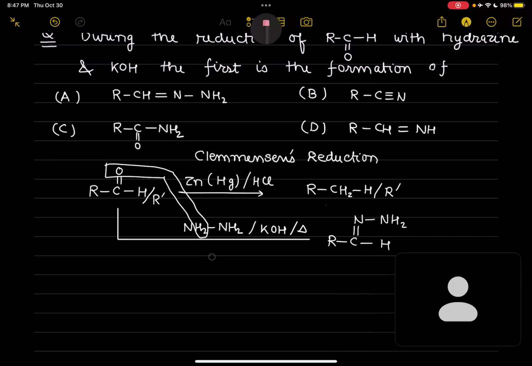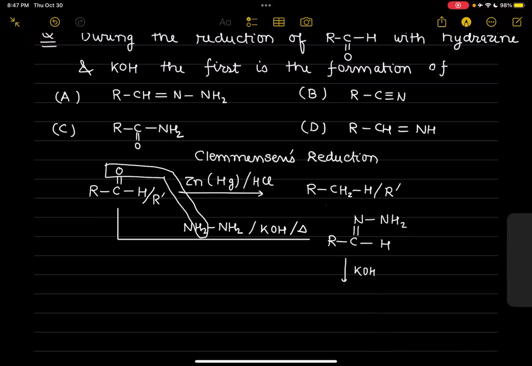Is it clear? Hydrazone, when you treat it with a base, is converted to alkane, releasing N2.